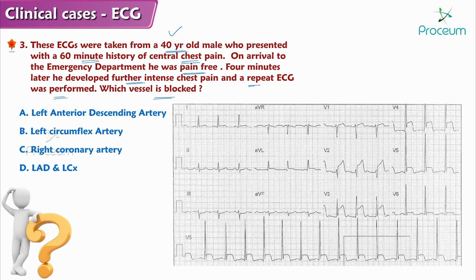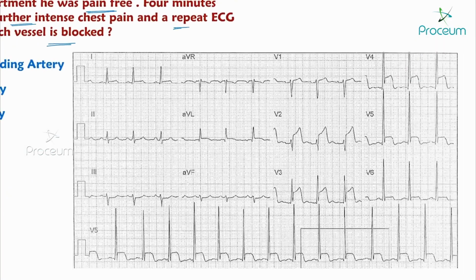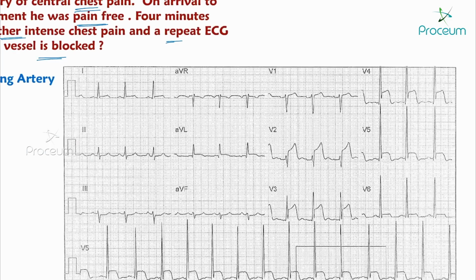Now, which vessel do you feel is blocked in this particular patient? I will show you this ECG in a zoomed manner. Carefully observe the ECG. What abnormalities are you able to make out? In this ECG, there is ST segment elevation in the lateral leads as well as the anterior leads.